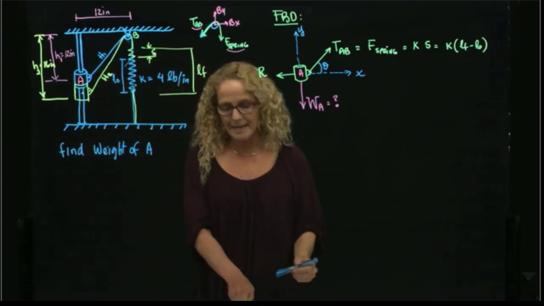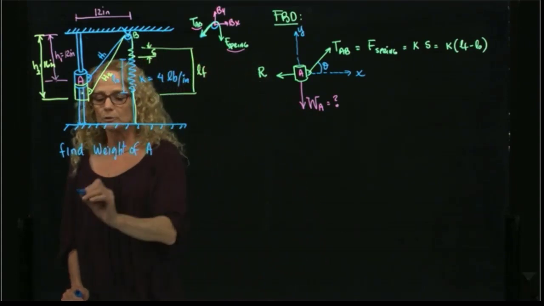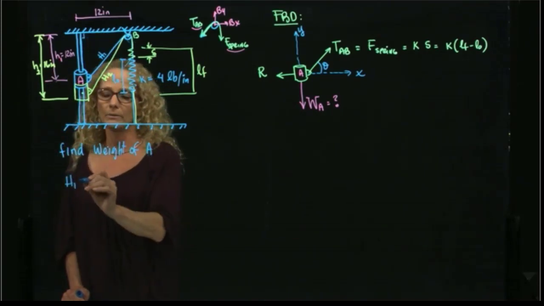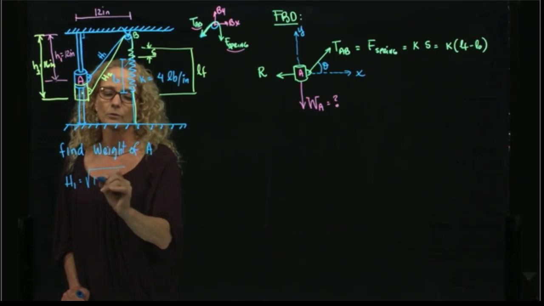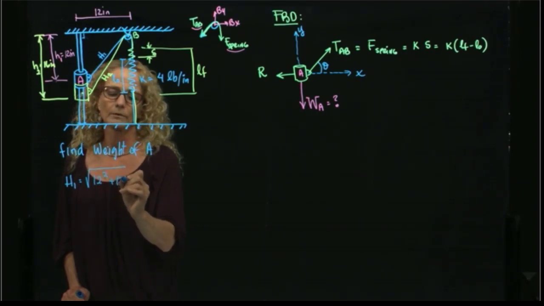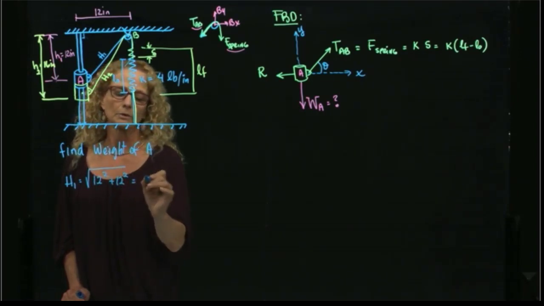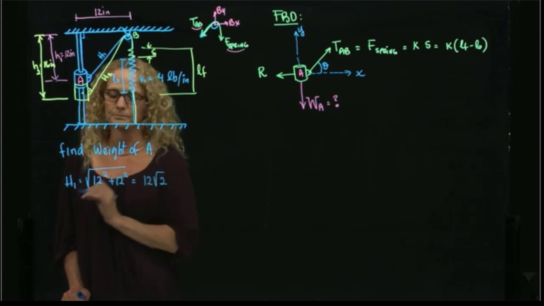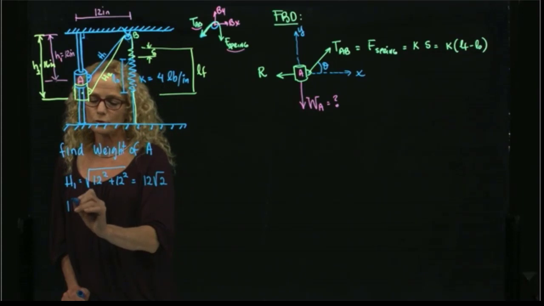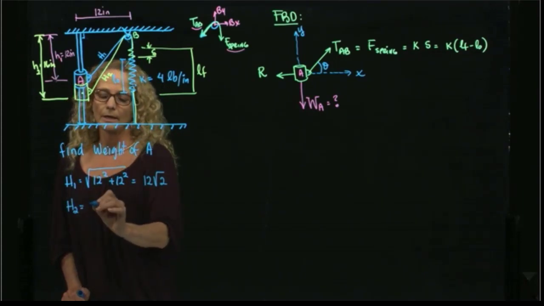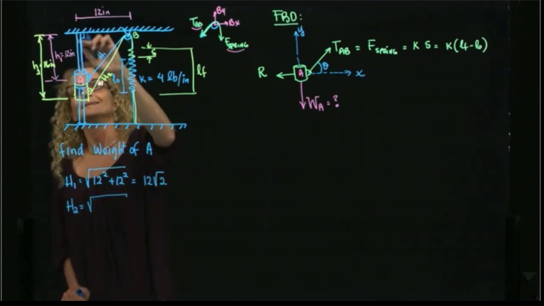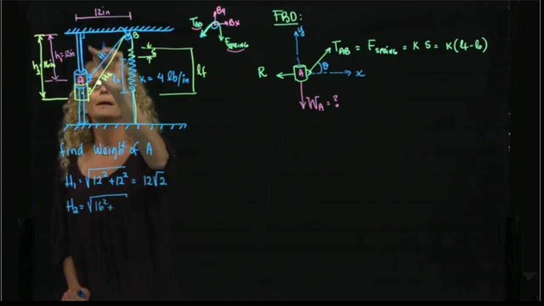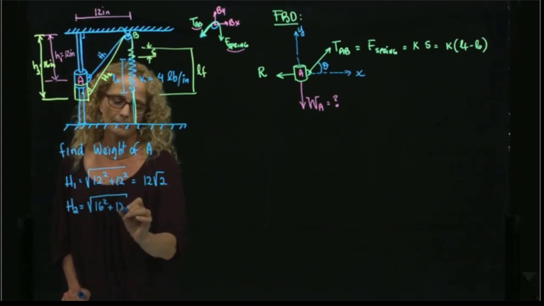So how much is H1? H1, since this is a right triangle, will be equal to the square root of 12 squared plus 12 squared, which is equal to 12 square root of 2. How much is H2? H2 will be equal to the square root of 16 squared plus 12 squared, since the base of this triangle is the same.